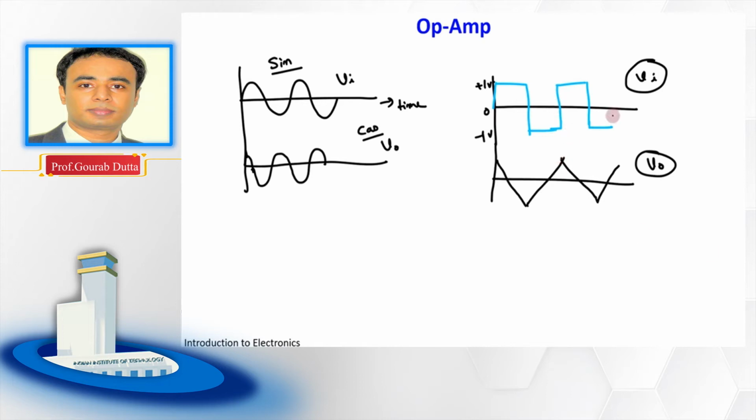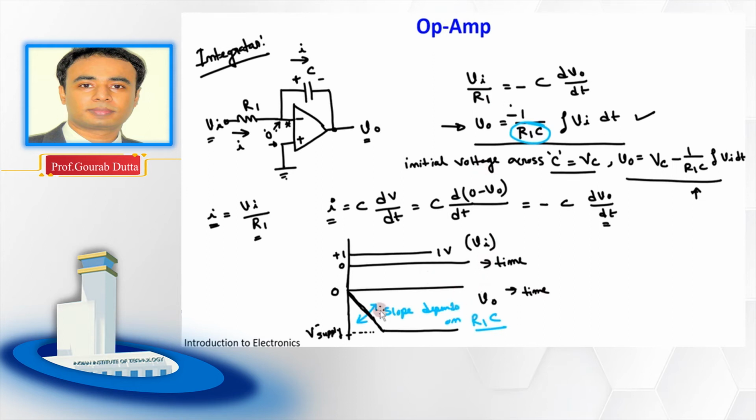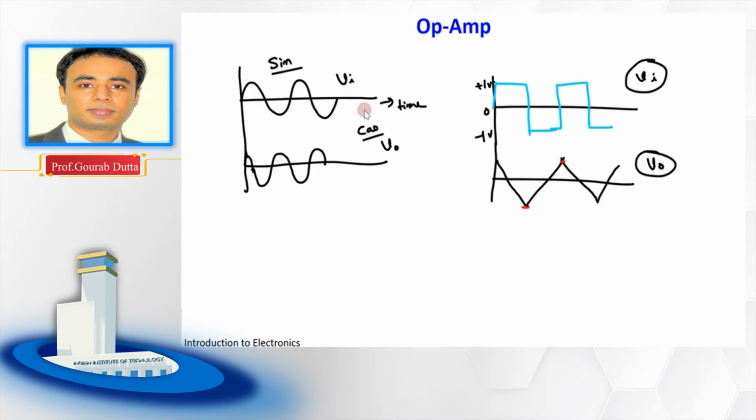Then can you comment what would be the highest magnitude here? In the last page we have seen that this slope depends on R1 and C, this resistance and this capacitor.